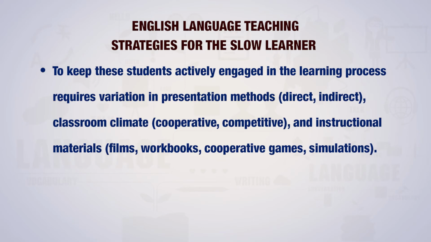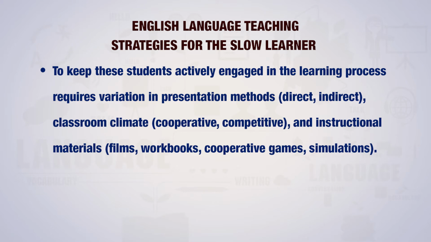Now, slow learners can be taught in one of these possible instructional arrangements. Either number one, a class composed of average students in which up to 20% may be slow learners, or a class specially designed for slow learners. Now, since we don't have any such special classes, we have a heterogeneous mix in our classrooms.